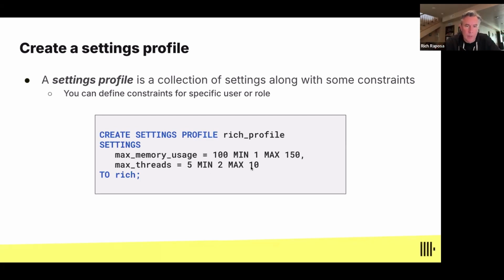I get at least 2, but never more than 10. So for this user, and then that got assigned to me. So in this case, I'm constraining this user. This user is never going to get more than 150, whatever the unit is for the memory. And then I'll never get more than 10 threads. That's a pretty good throttling, by the way.